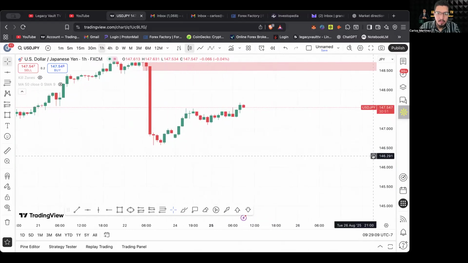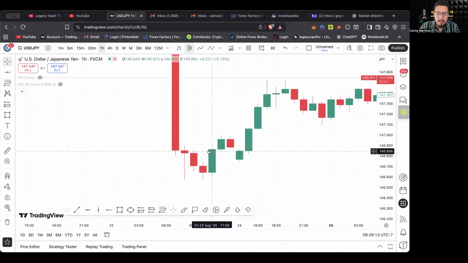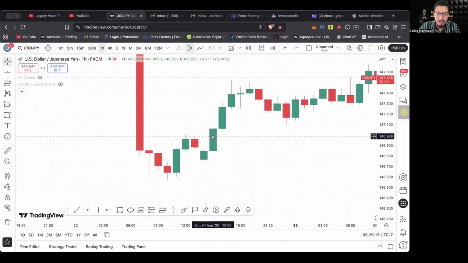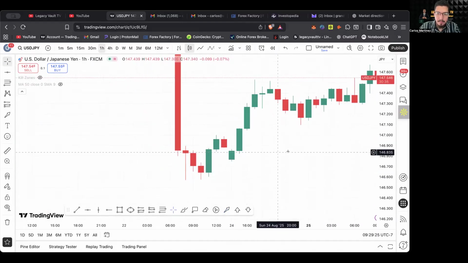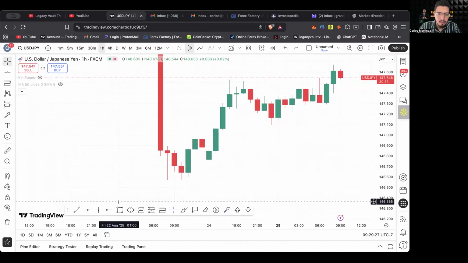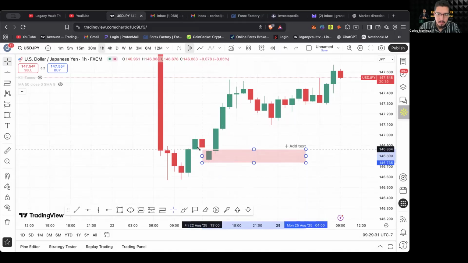See here, we also have our demand zone. You see this order block. This is an imbalance candle because it left a gap. You see? So we can draw this demand zone.